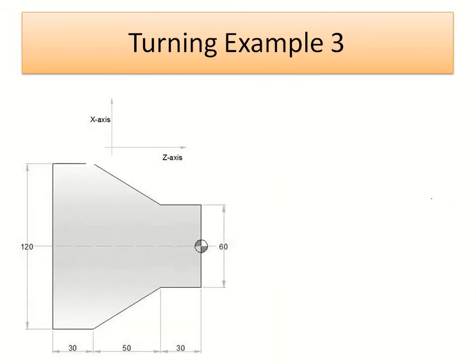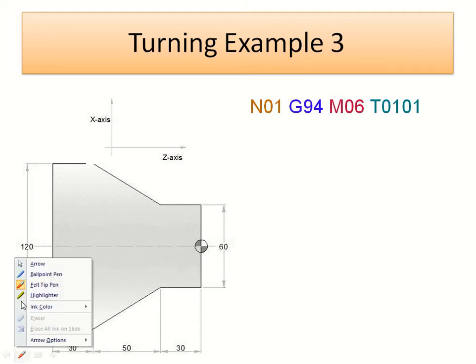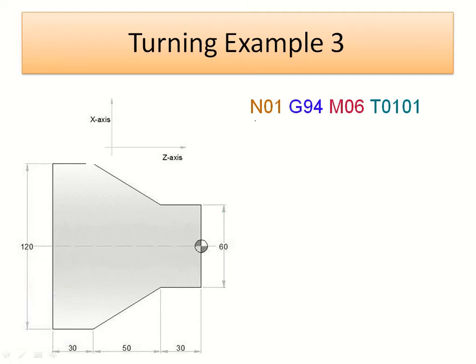Next example is for turning. The first block represents N01 with the number, and G94, that is absolute positioning, M06 tool change, that is tool 01.